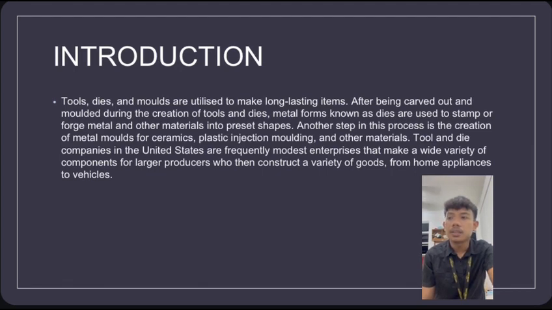Another step in this process is the creation of metal mold from premix, plastic injection molding, and other materials. Tool and die companies in the United States are frequently modest enterprises that make a wide variety of components for large producers who then construct a variety of goods, from home appliances to vehicles.